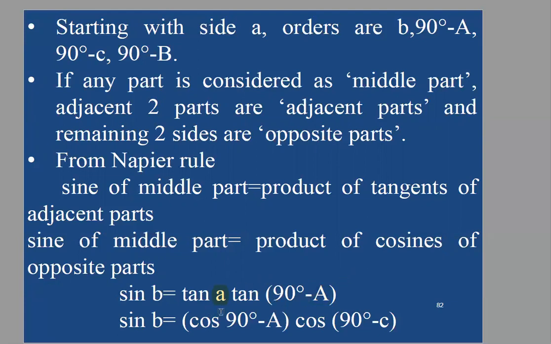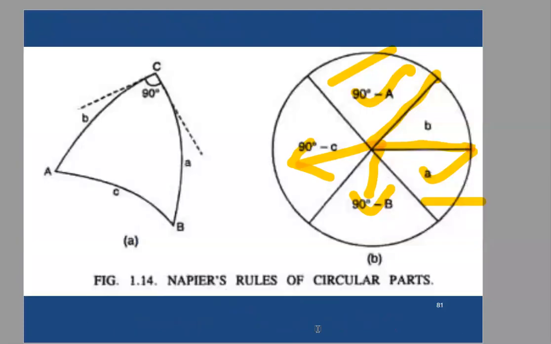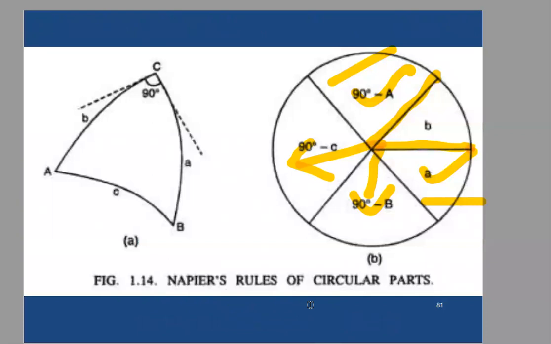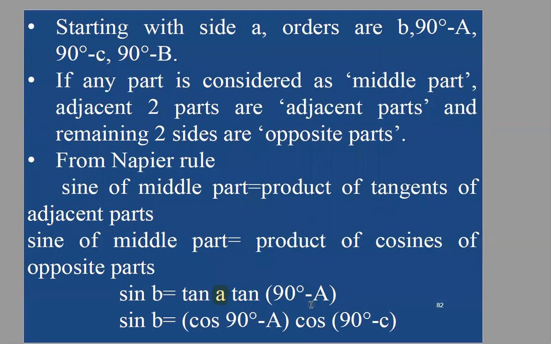So sine of b is equal to tan a into tan of 90 minus A. Similarly, sine of b is also equal to cos of 90 minus A into cos of 90 minus C. If the sine of the middle part is taken, we have another relation: the product of the cosines of the opposite parts.